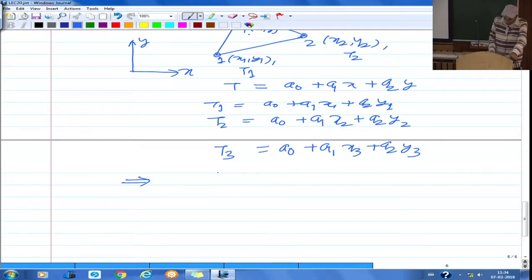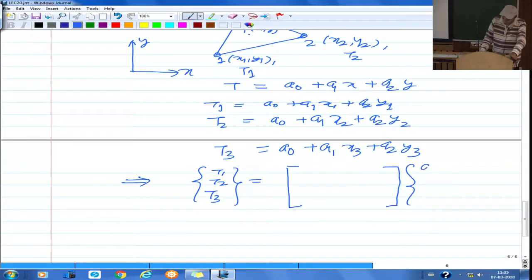So let me symbolically write that. If I put all of these T1, T2, T3 together as a vector, and on this side let me write the constants as a vector on the right hand side.